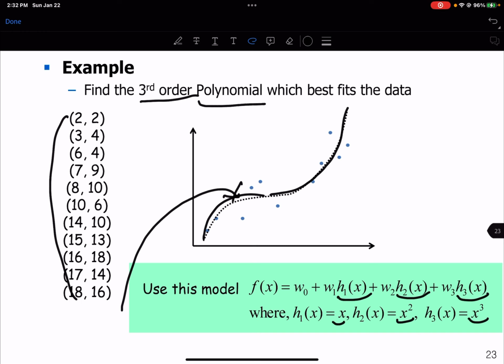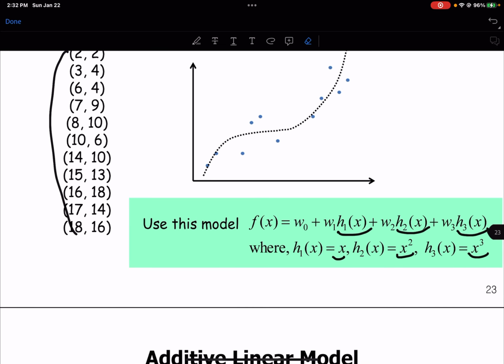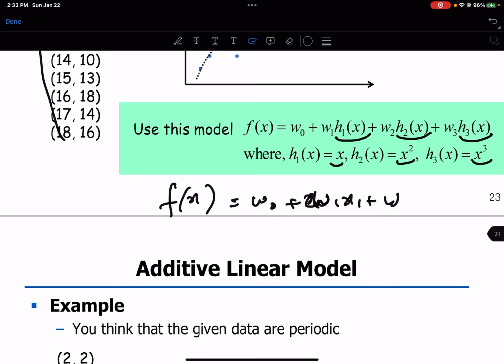And then we have the equation f of x equals w0 plus w1 x1 plus w2 x square plus w3 x cube.